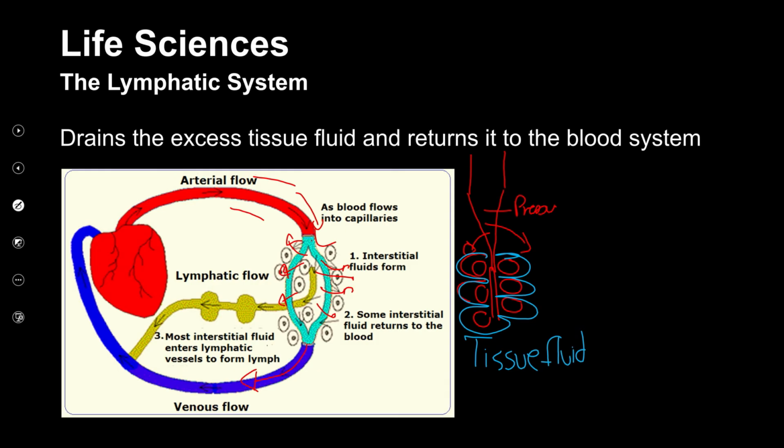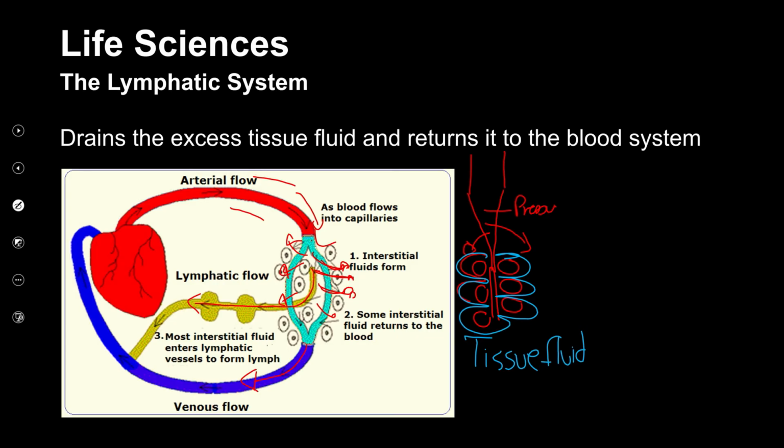So when we push this water into the tissue fluid, we need a system that takes that excess fluid and drains the tissues. Because remember, the blood is constantly flowing. It doesn't stop.